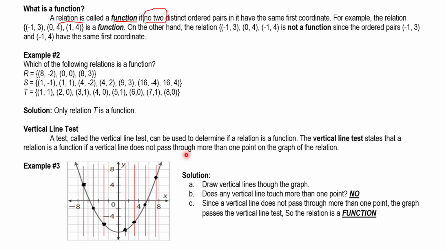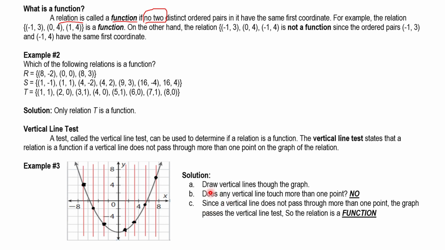What does it mean? If you have a graph, to determine whether it is a function or not, all you have to do is to draw a vertical line. Then check how many points your vertical line touches. If it intersects at only one point, then that is a function.